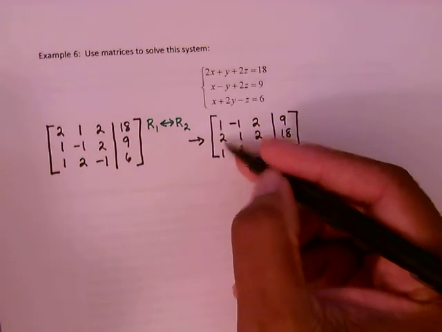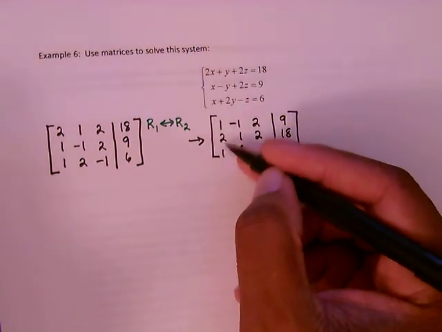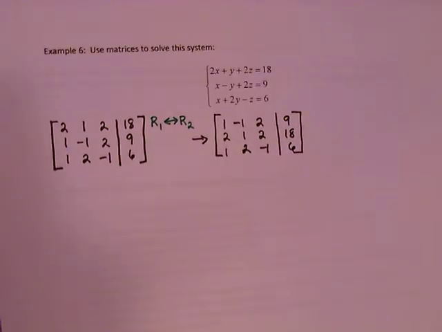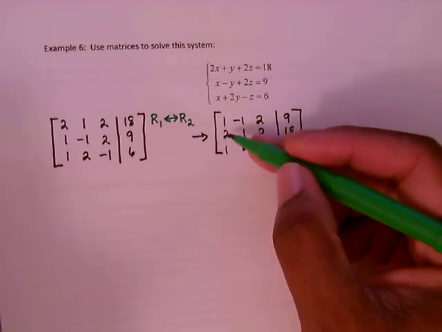Now, I want to get zeros underneath that 1. I want that 2 to be a 0 and this 1 to be a 0. And we can do this, now we don't have to do each row operation individually. We can do 2 of them at the same time. Okay? So, notice I got a 2 here.